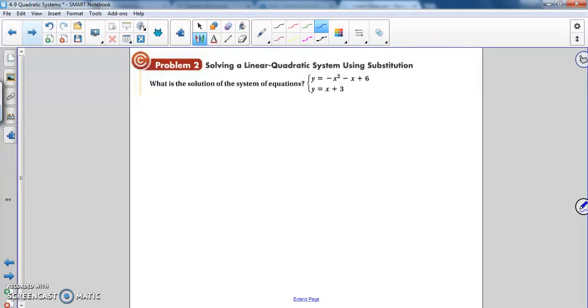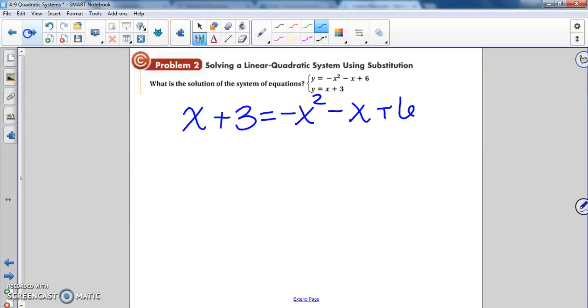We can also solve a linear quadratic system by using substitution. We see that y is equal to something and y is equal to something else. So if we set them both equal to each other, x plus 3 is equal to negative x squared minus x plus 6. I can now solve this quadratic by putting it in standard form and factoring.